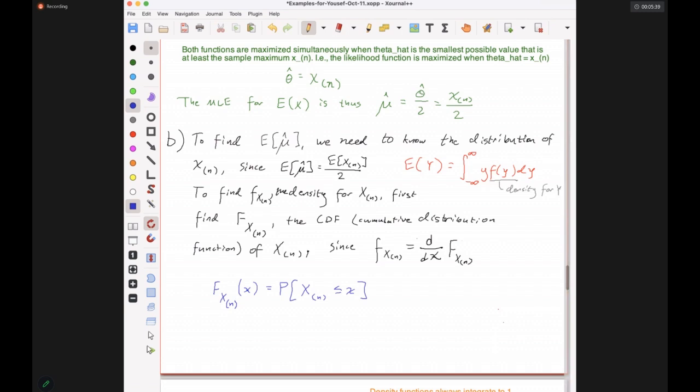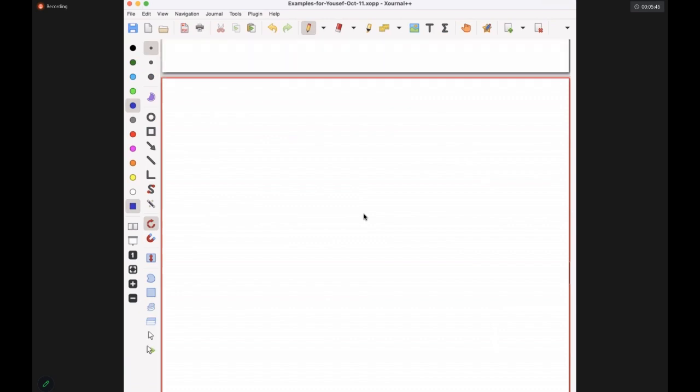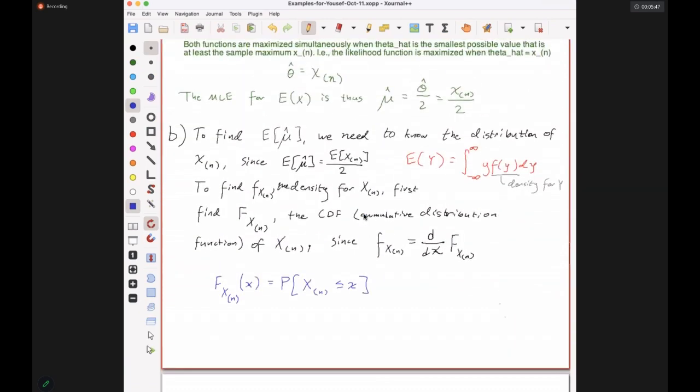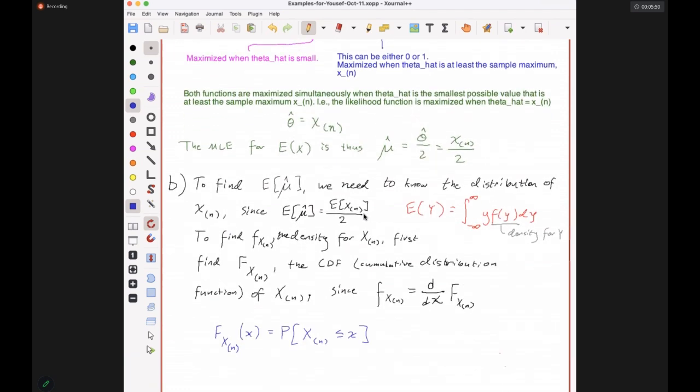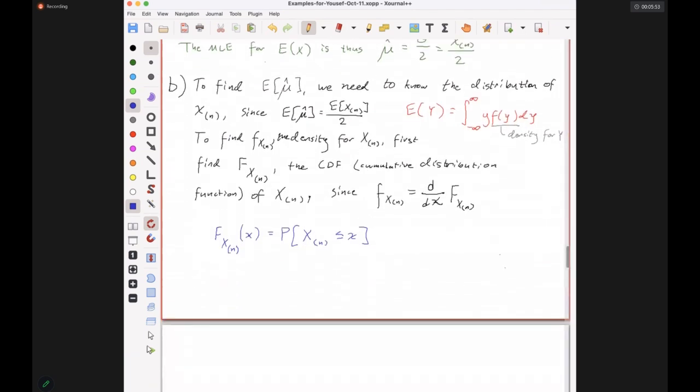This is just our definition of the cumulative distribution function. Now, remember that X(n) is the maximum of all of the variables in our sample. So if X(n) is less than or equal to x, what can we say about the other variables or the other values in our sample?